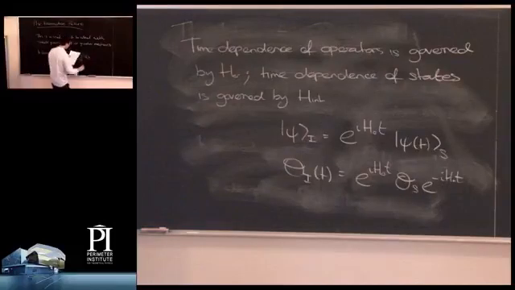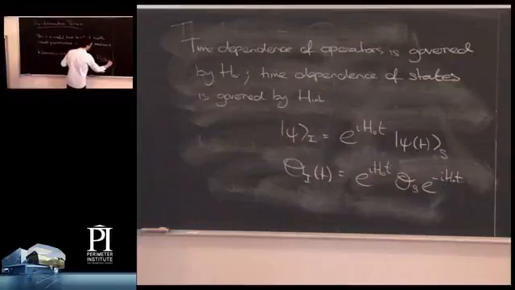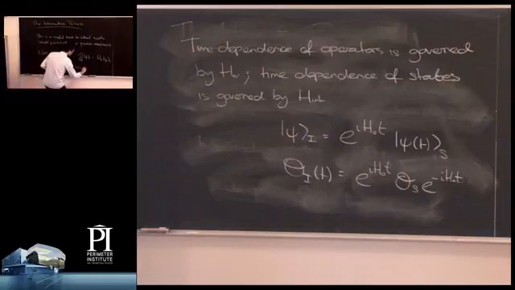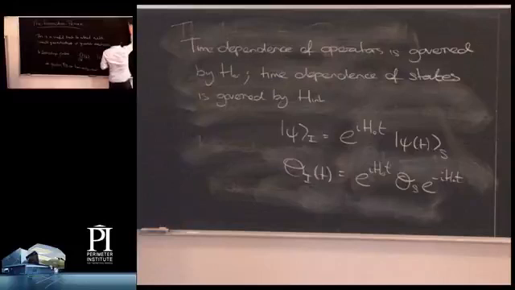And just for this little section, I'm going to start putting S, H, and I to denote Schrödinger, Heisenberg, and interaction, while operators are time independent. In the Heisenberg picture, we know that we do the opposite. We put the time dependence all in the operators.